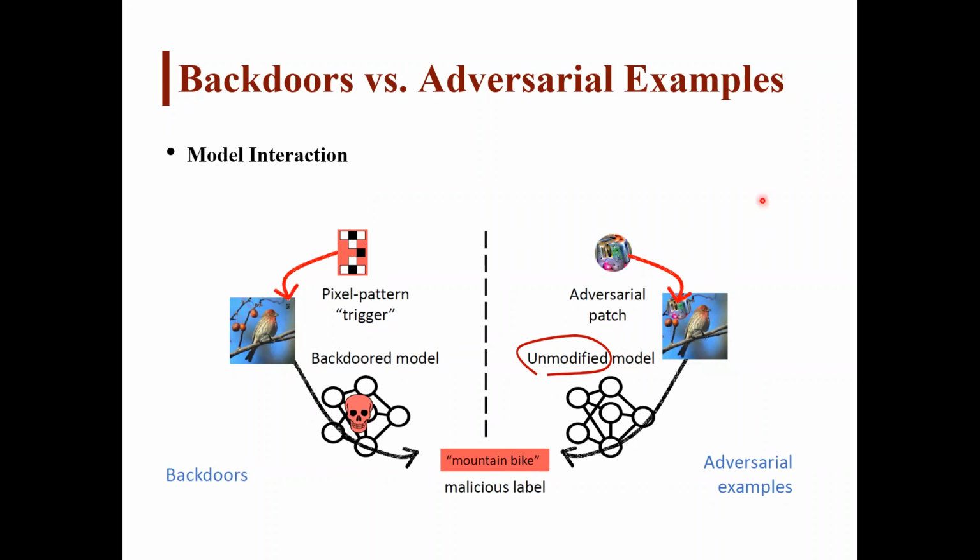But with adversarial samples, the attackers cannot modify the target model, but try to generate special data with adversarial patches, so that we can mislead the target model to output the wrong answers. For backdoor attacks, we can directly modify the model and let it predict the expected results rather than just wrong predictions. That is the difference between backdoor and adversarial examples.